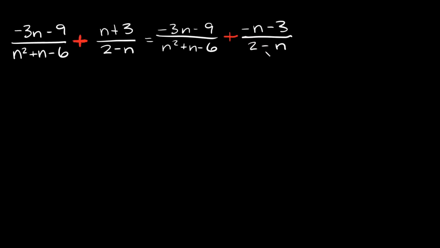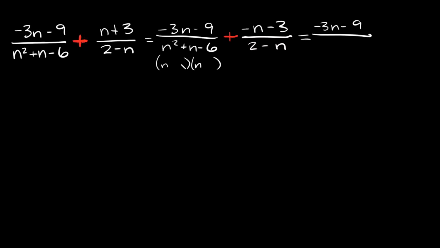Our denominators are obviously completely different, so we have to factor them and see what factors we find towards the end. So let's factor the bottom right here, n squared plus n minus 6, with the numerator negative 3n minus 9. n squared we can break up into n times n.